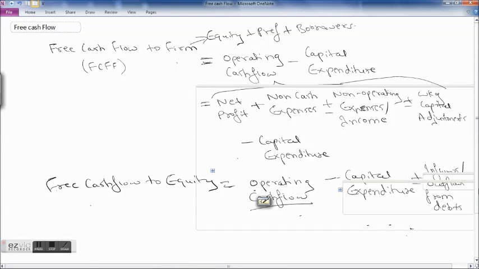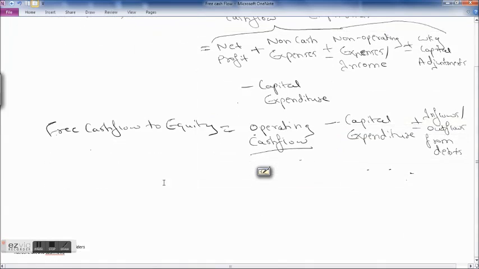Now there is one more approach of calculating a free cash flow, the third approach.